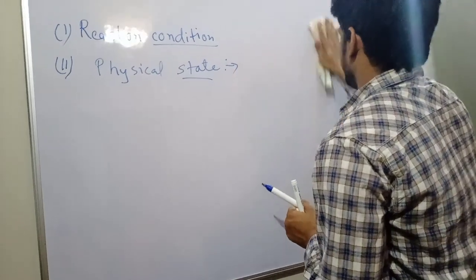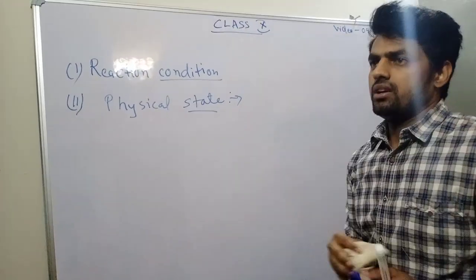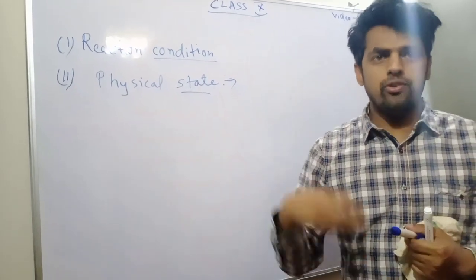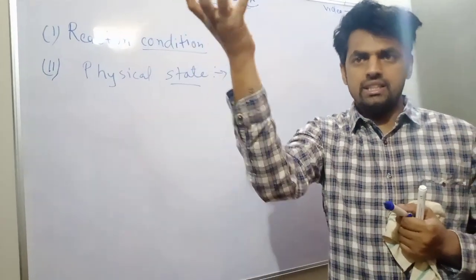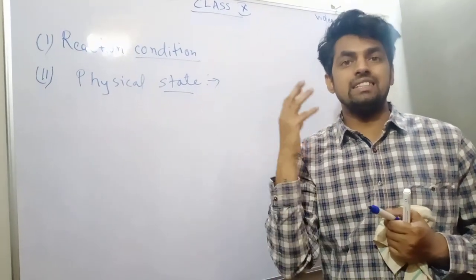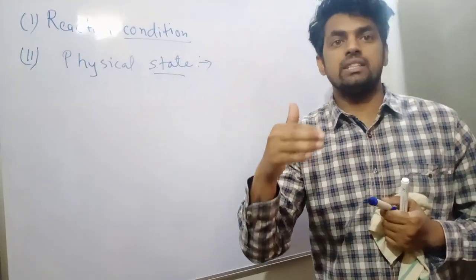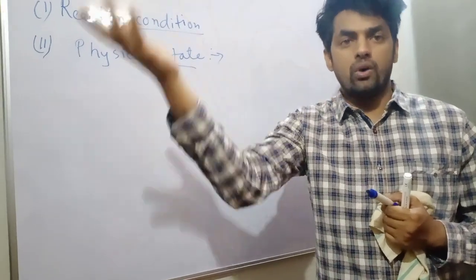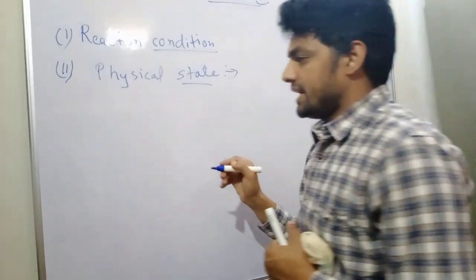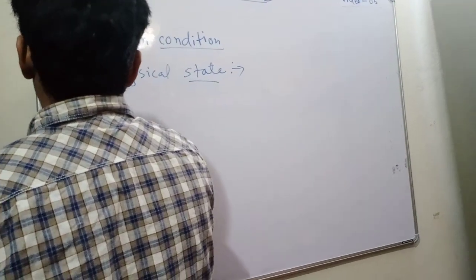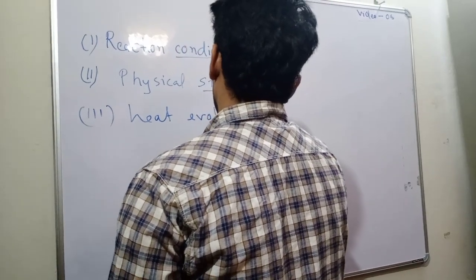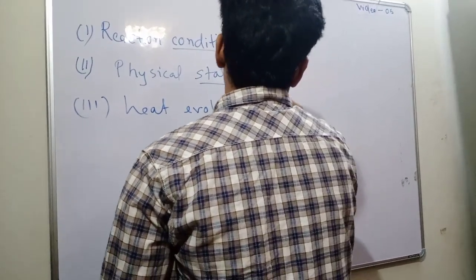Now third one is heat. We study that in many reactions heat is given out, evolved, and in some cases heat is absorbed. Then how in an equation can we say that in this equation heat is evolved, or in this equation heat is absorbed? For that, third one is heat evolved or absorbed.